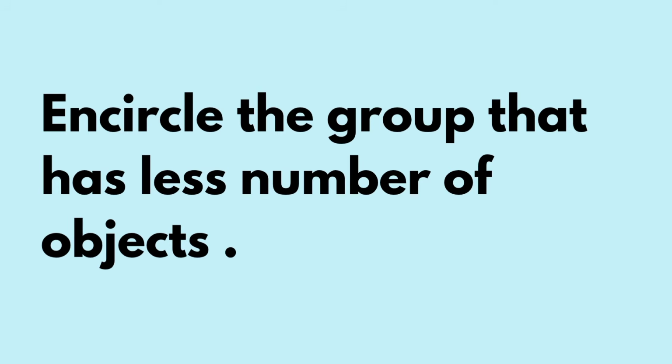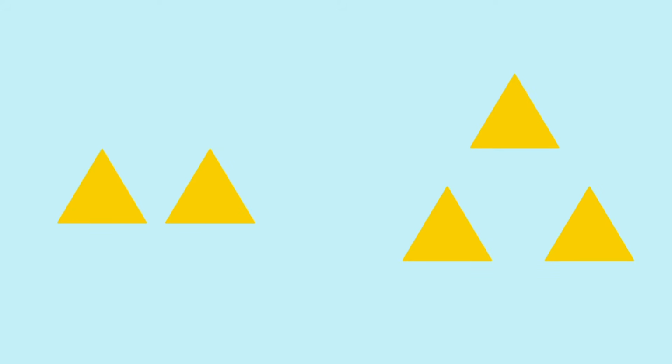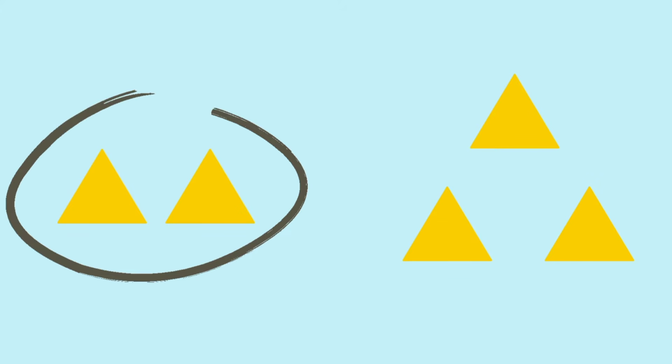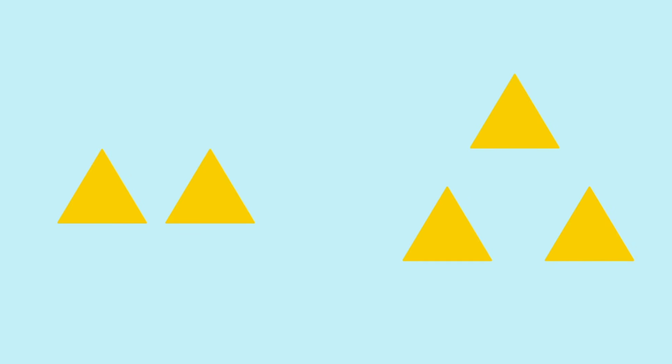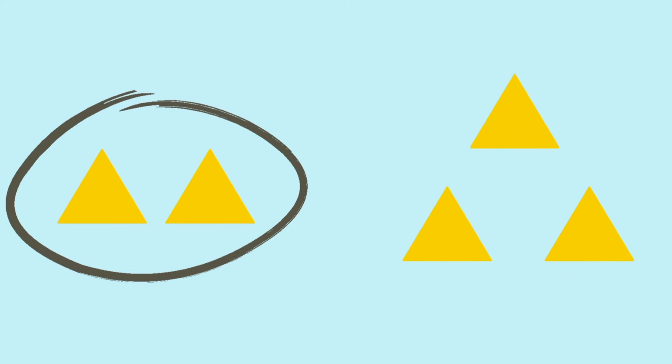This time, encircle the group that has less number of objects. The first one. You're right, the group with two triangles. The second one.